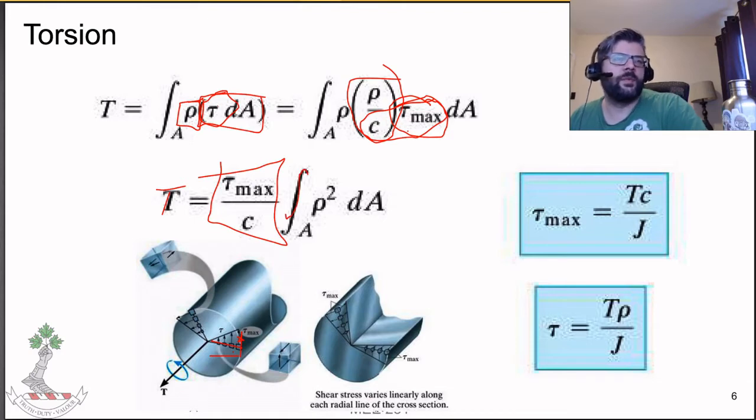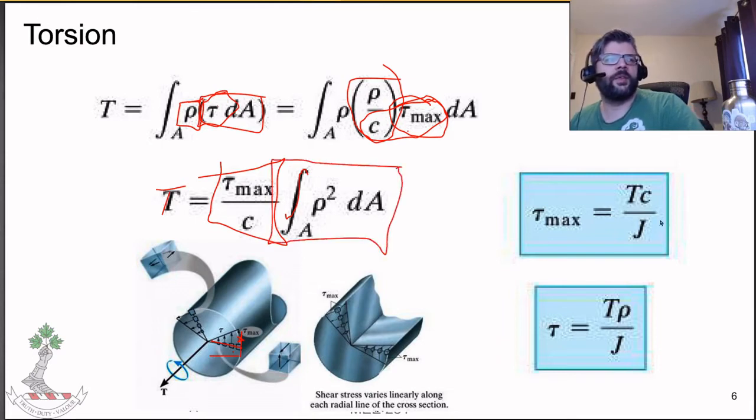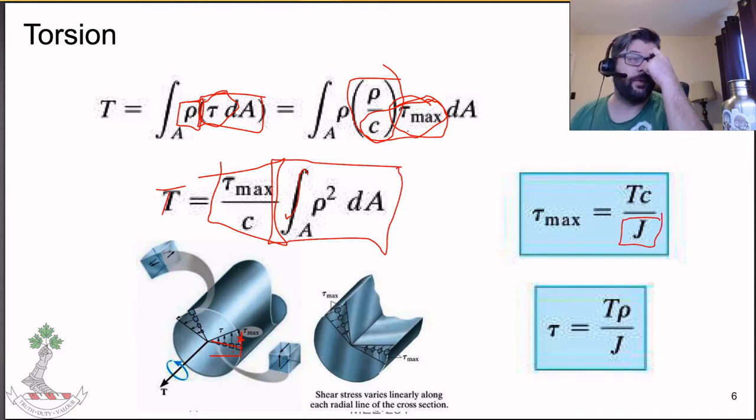Then we can solve for tau max, and that'll be the torque times c divided by this integral here, and we're going to call that J. That is what we call the polar moment of inertia for the cross section in question.